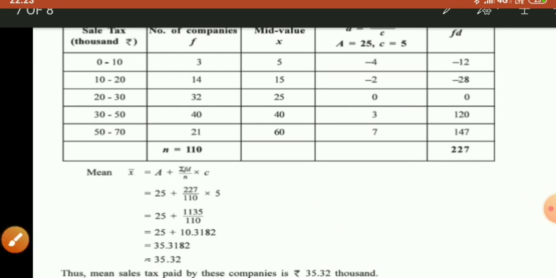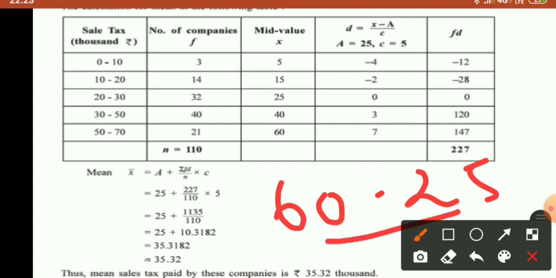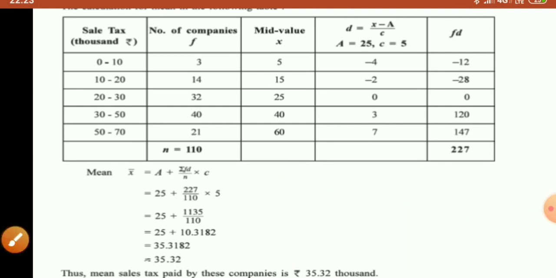Then 60 minus 25 divided by 5, what I'll get is 7. So I have written 7 over here.